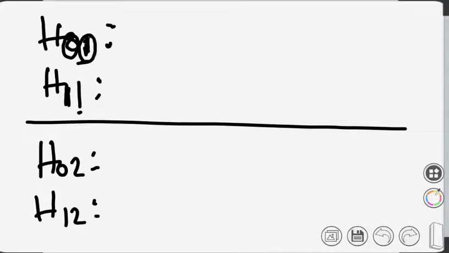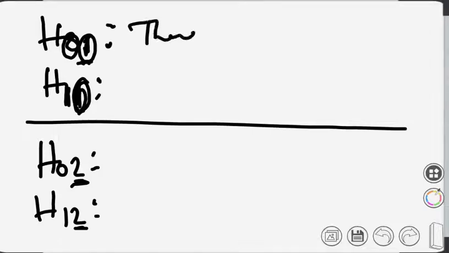The second suffix denotes the first null hypothesis, and here these two denote the second null hypothesis. So what is the first null hypothesis? Let's consider it for the row, because we have taken row at the top. So let's write down the null hypothesis. What should be the null hypothesis? Who will tell?